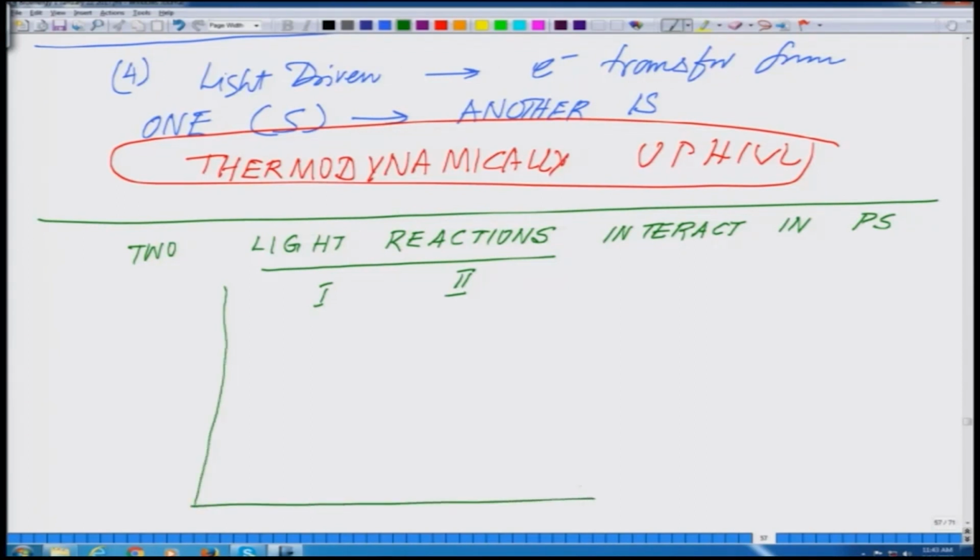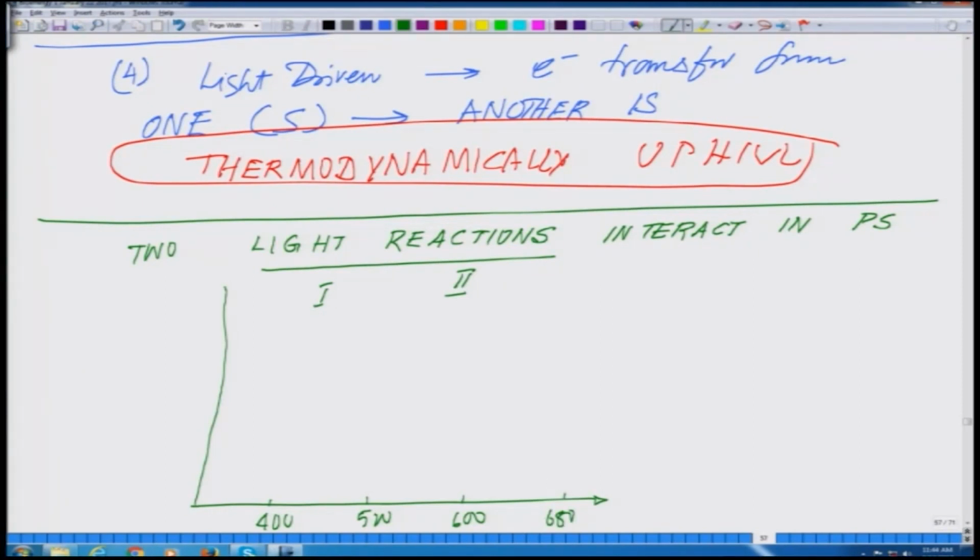I am drawing a graph, so here you have the wavelength on the x axis, 400, 520, 600, 680. Okay.